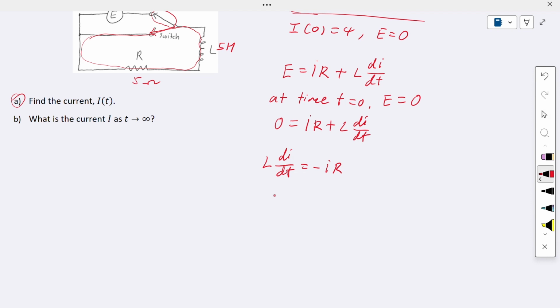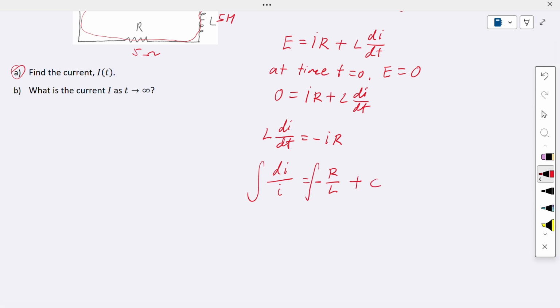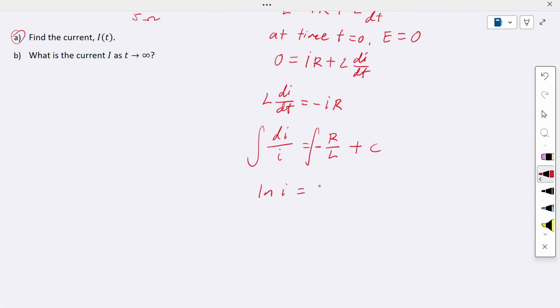So we have dI over I is equal to minus R divided by L dt. Now we do the integration on both sides, and here we have plus C. Integration of the current's inverse gives ln of I, and this is equal to the integration of the constant, which gives minus R over L times t.